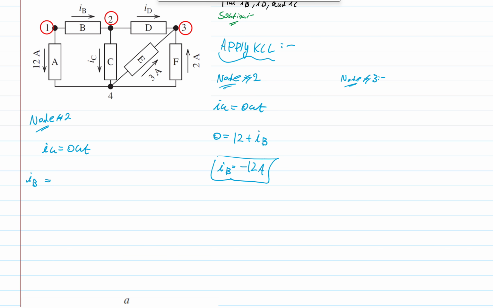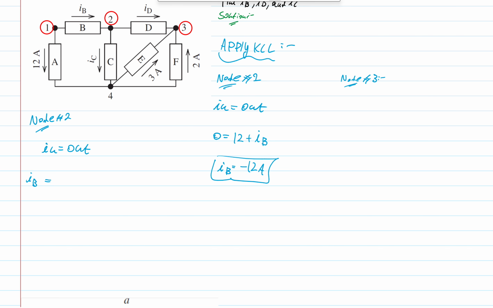Positive to negative, that's going to become negative V1, positive to negative, negative V2. We're just applying the same rule that we applied here. Same idea. So that's going to give us 30 minus 8I1 minus 3I2, sorry, equals 0.